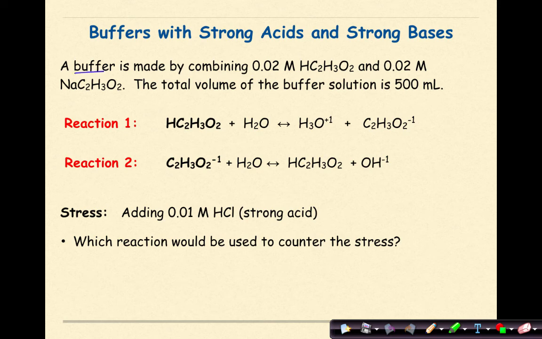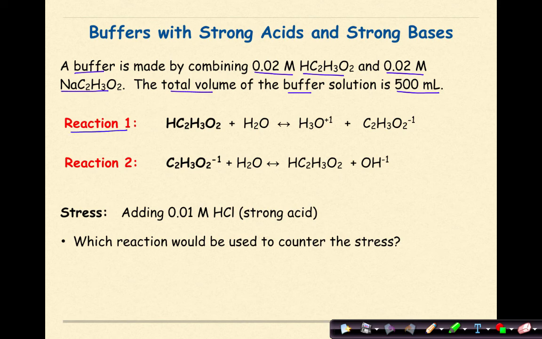Buffers with strong acids and strong bases. A buffer is made by combining 0.02 molar acetic acid and 0.02 molar sodium acetate. The total volume of the buffer solution is 500 milliliters. So in this buffer situation, we have two basic reactions going on.